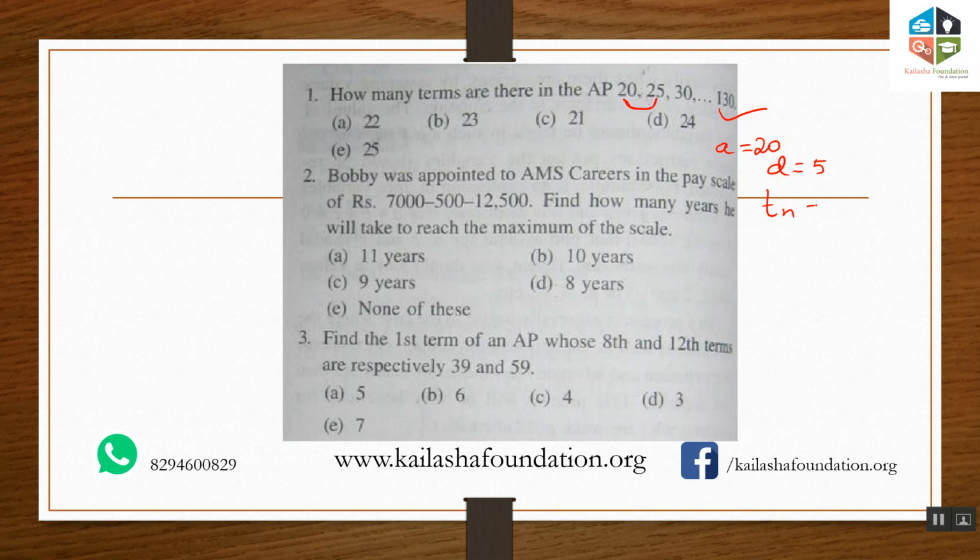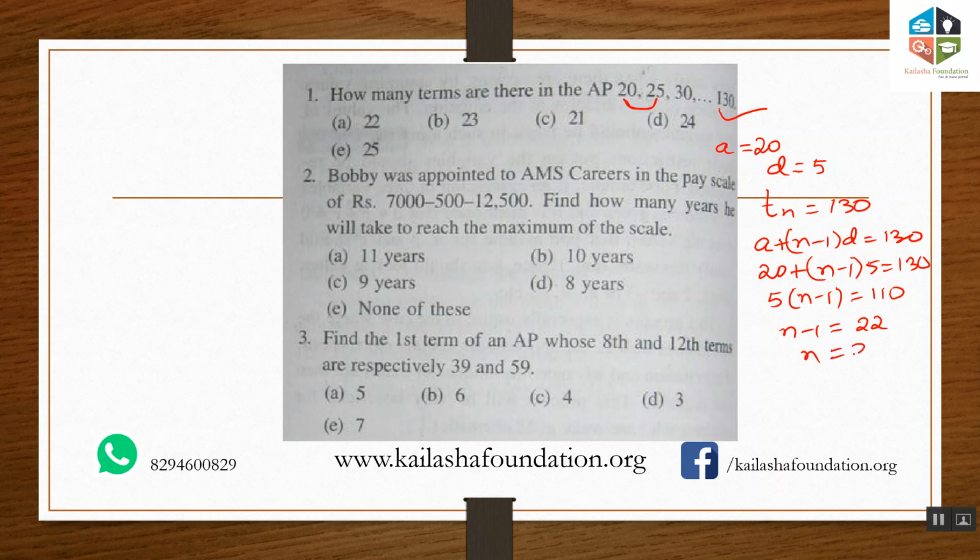Tn is equal to 130. That means A plus (n minus 1)D is equal to 130. 20 plus (n minus 1) times 5 is 130. 5 times (n minus 1) is 110. n minus 1 is 22. n is equal to 23.